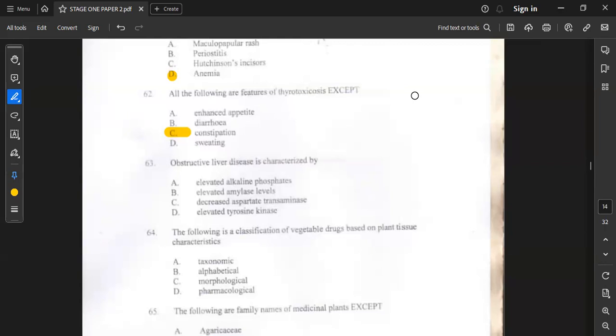And what about treatment in pregnant women? Yes, you can give propranolol, that's the beta blockers.